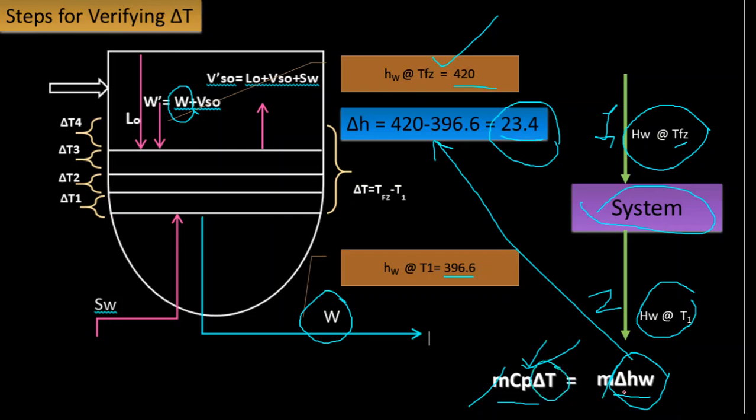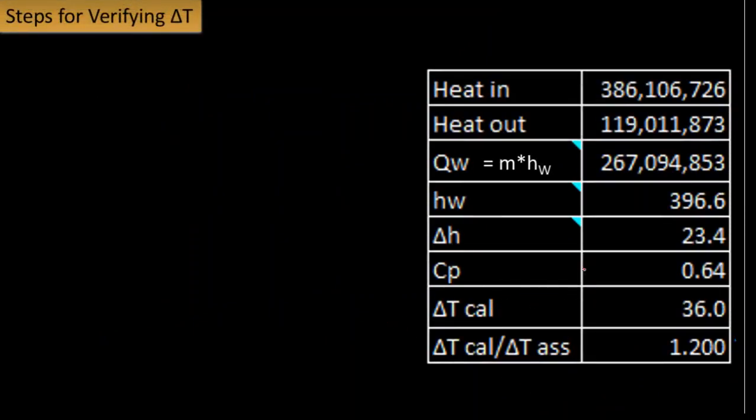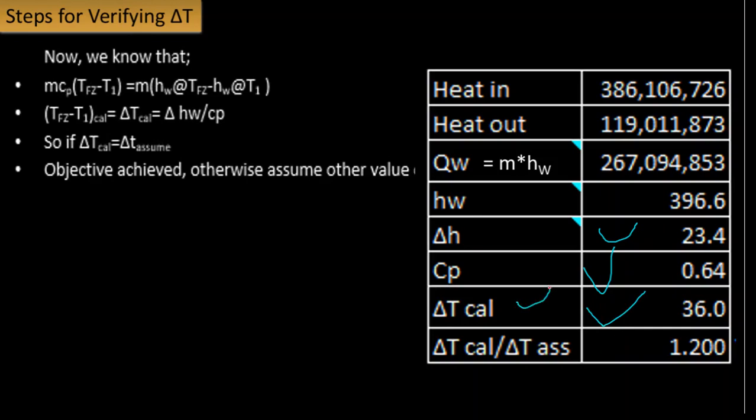So delta T is nothing but delta H divided by CP. CP is given, delta H is given. If you divide delta H by CP, we get the delta T calculated, by the expression delta H upon CP.